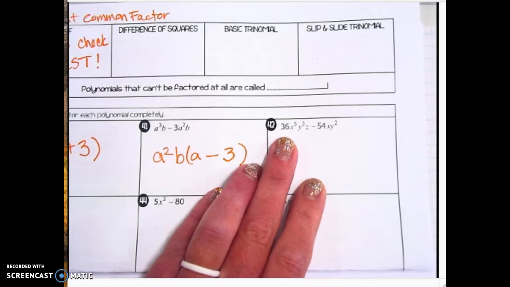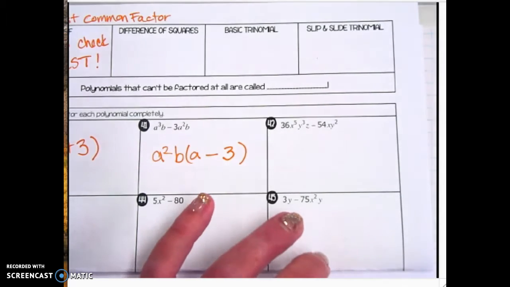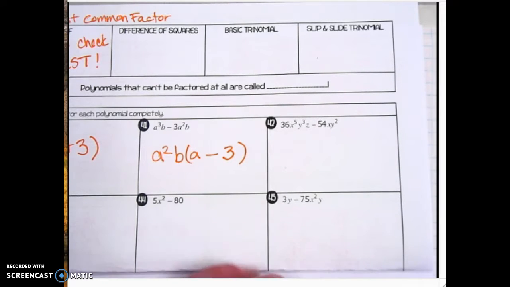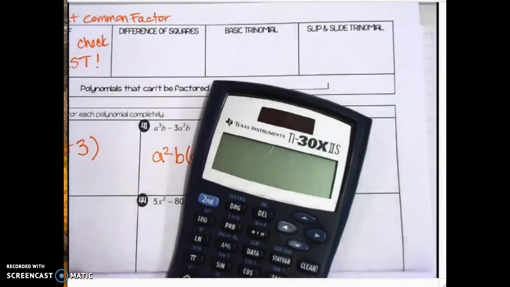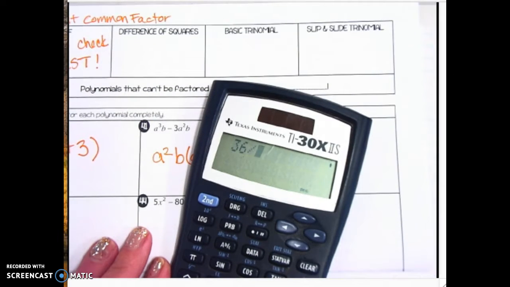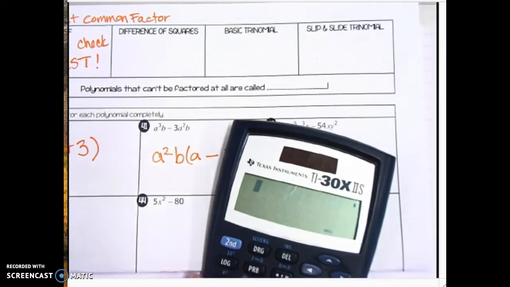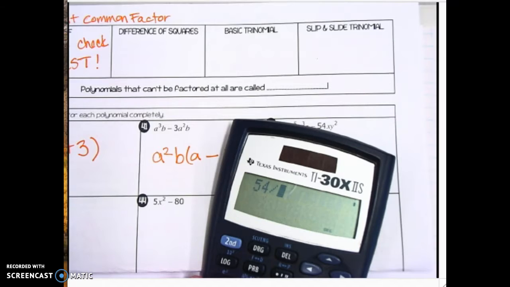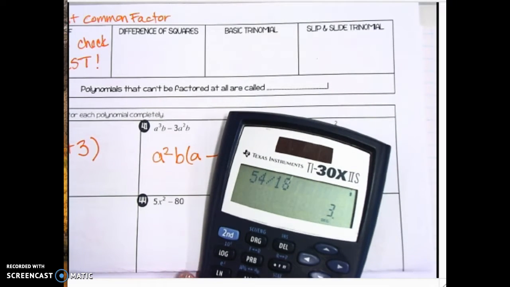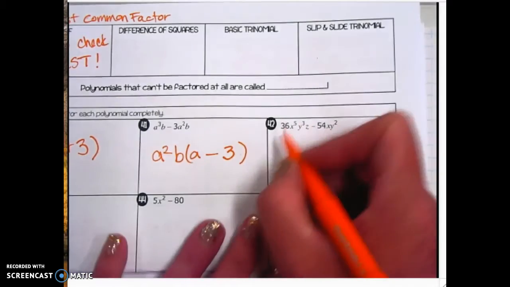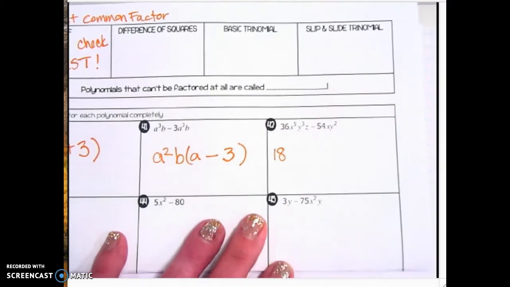Well, 6 goes into 12, but 9 doesn't go into 12. 6 and 9 both go into what? 18. So if you take 36 and divide it by 18, goes in there evenly, twice, and you take 54 and divide it by 18, goes in there evenly 3 times, okay?